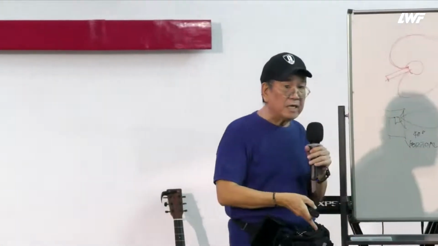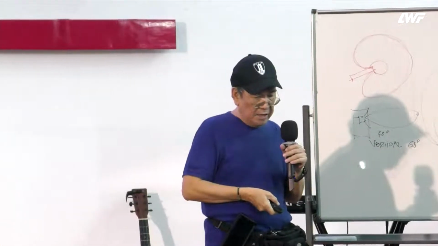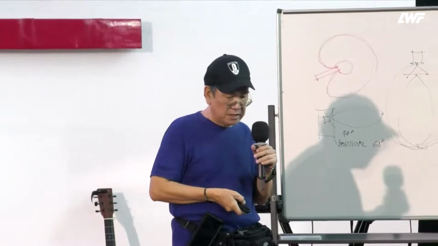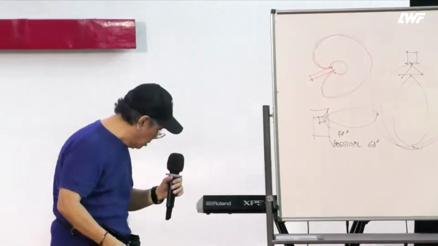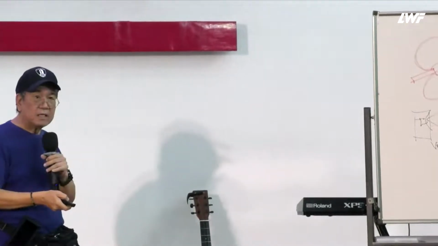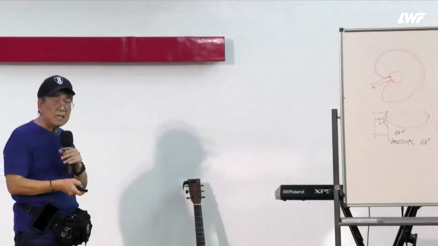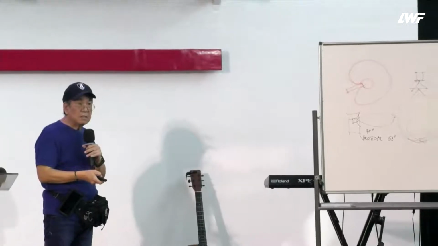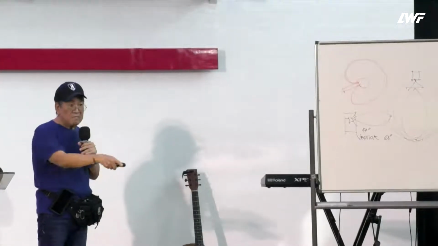Ibig sabihin nun, pag point source ang ginamit mo, because of the characteristic of the loudspeaker, pag lumayo ka, let's say sinukat ko 1 meter away, no? Let's say 100 dB ang lumalabas, pag dumoble ako dito, pag sinukat ko uli, minus 6 dB na. So, pagdating dito, 94 dB na lang yun.